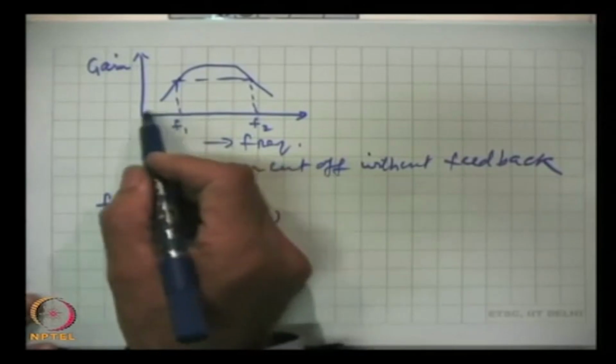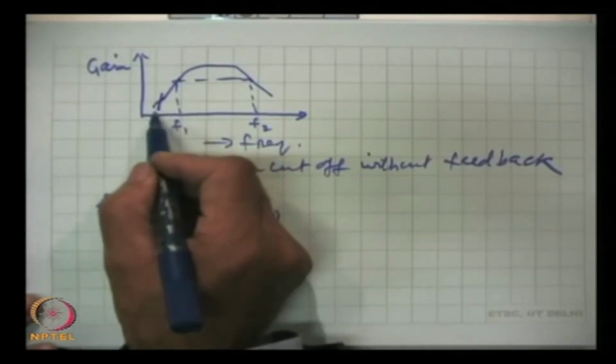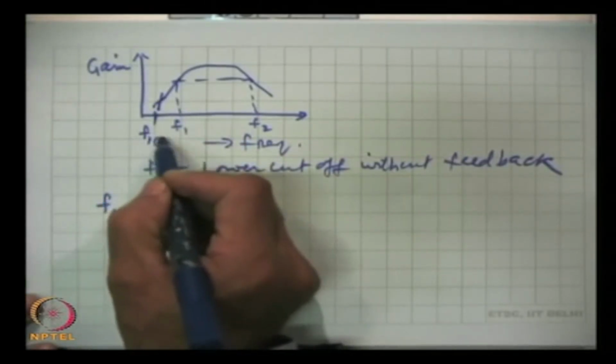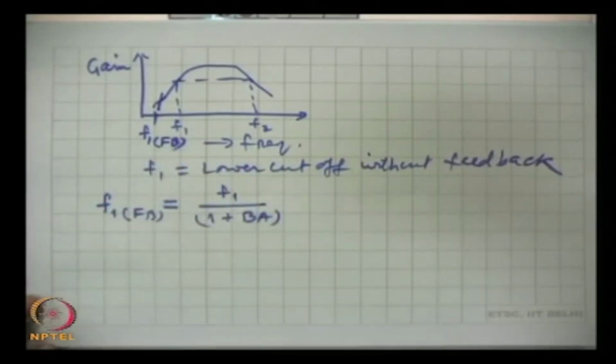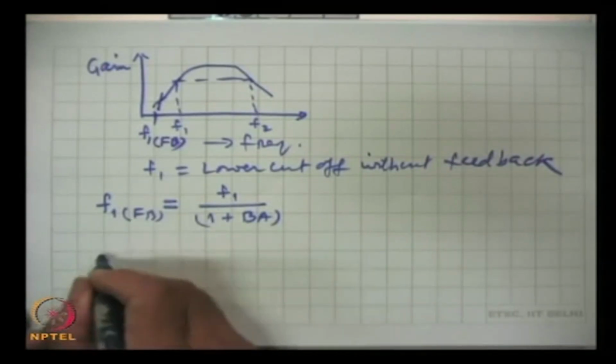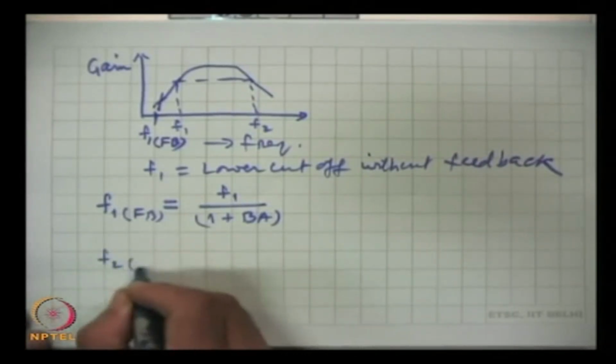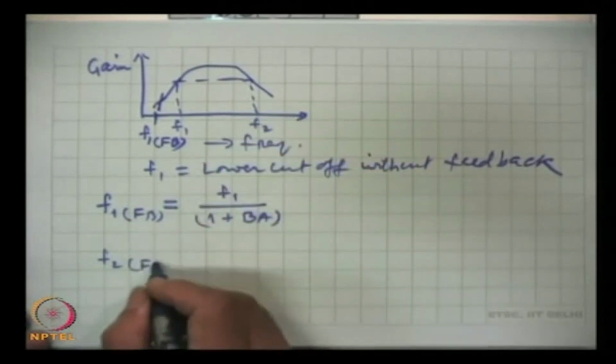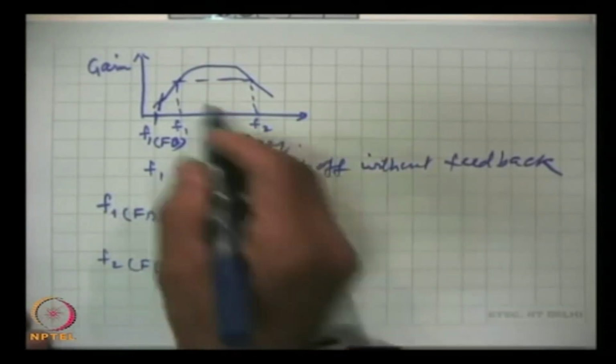So, it becomes here, for example, F1f B. In the same way, the F2f B, that means upper cutoff with feedback, is increased.